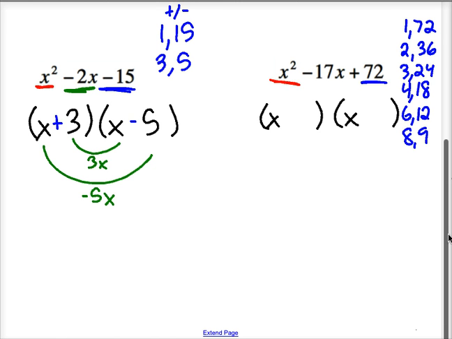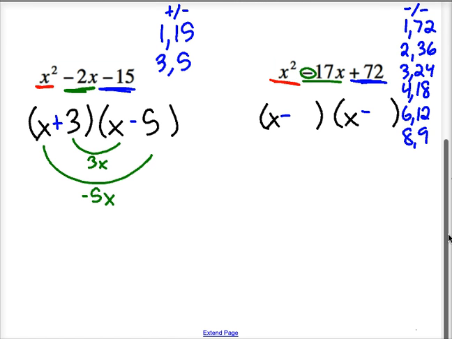Now, this time I want you to notice something interesting. So I'm multiplying to be positive, yet notice I'm adding to a negative number. How can I possibly multiply to be positive, yet add to be negative? Well, the key there is you're actually looking for two negative numbers when that happens. Whenever you're multiplying to be positive and yet adding to be negative, that means both of these are going to be negative numbers.